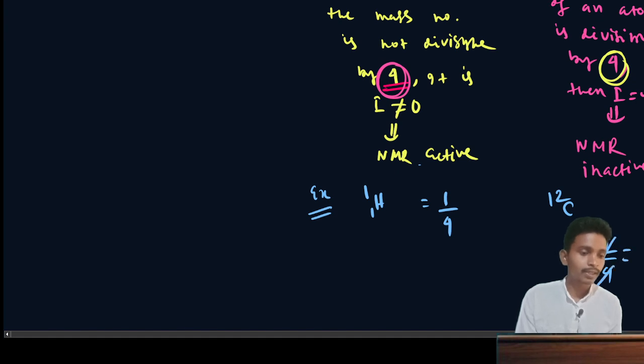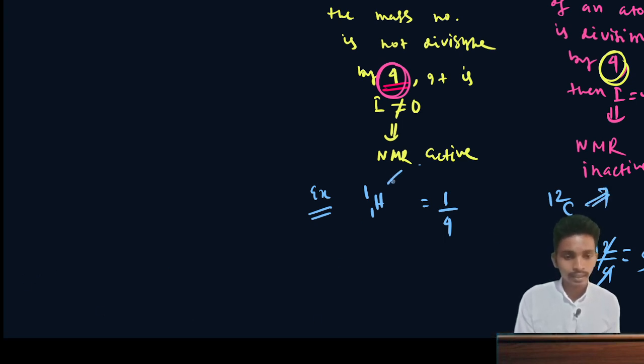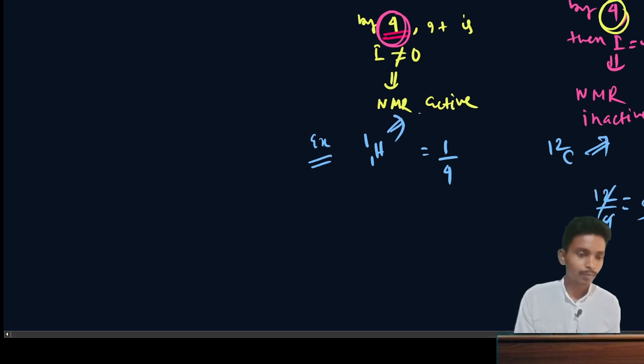It is completely divisible, so this is NMR inactive. Similarly, if we have carbon-13, then 13 upon 4 is not divisible, so this is NMR active.